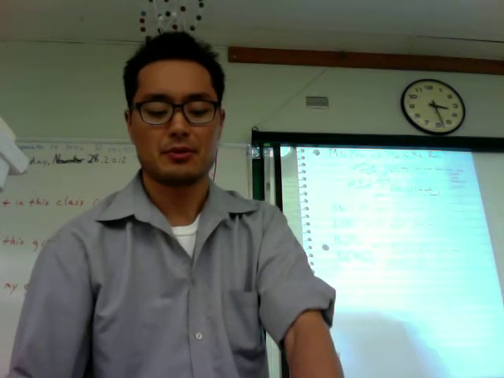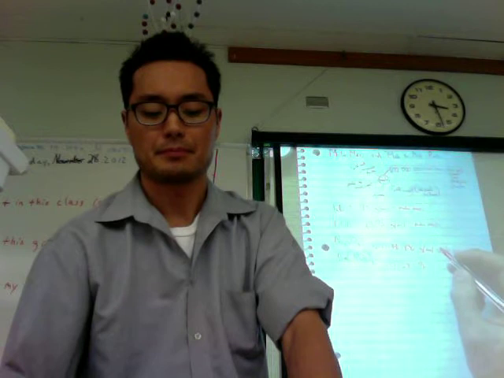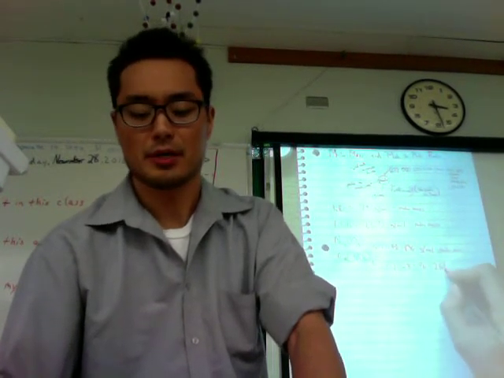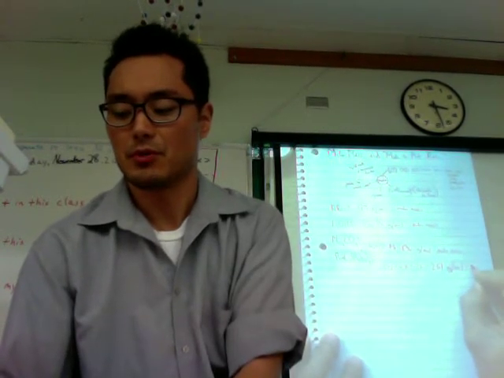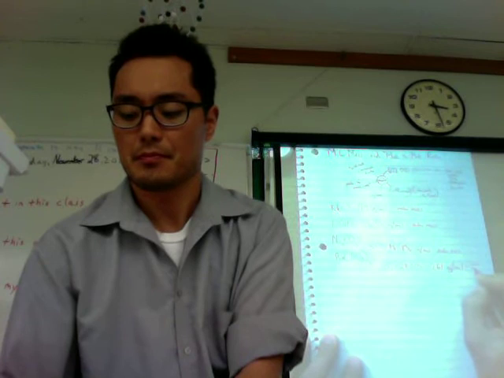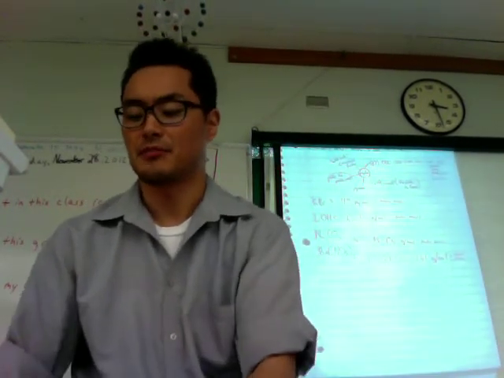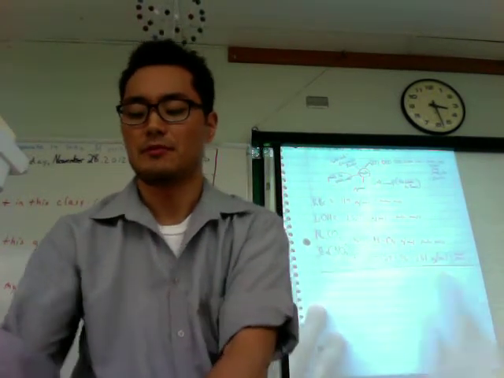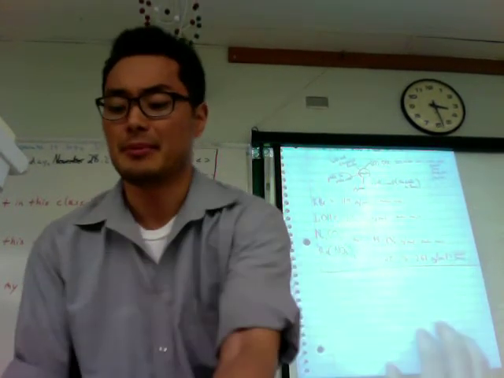Add those 3 together, what do you get? 261 grams per mole, which is the molar mass. All right, so that's the first step of today. You can draw a line, and you'll find molar masses of 7 different equations in your assignment.